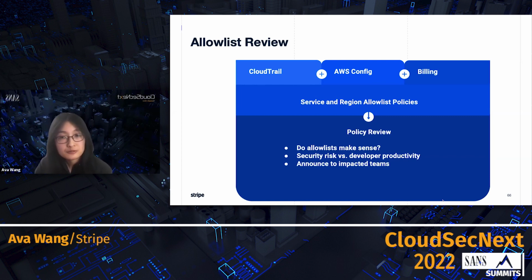Based on this, we determine if it makes sense for the service to be denied. And we try to find a balance between developer productivity and security.